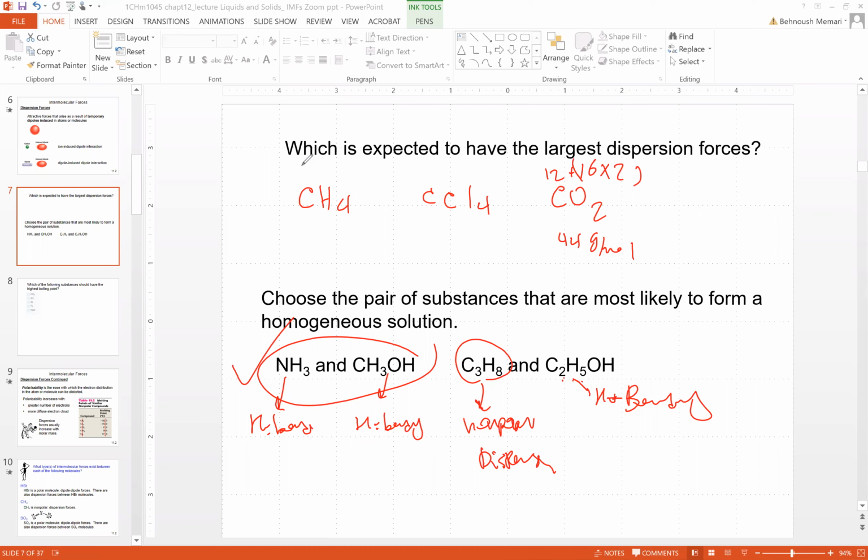CH4 is 12 plus 4, 16 grams per mole. And CCl4 is 4 times 35, that's 140 plus 12, 152 grams per mole. 154 grams per mole is the highest mass. They're all nonpolar, and it's going to have the highest London dispersion.